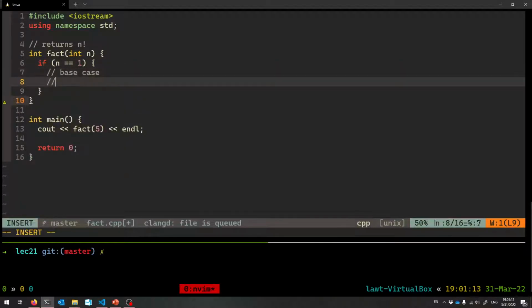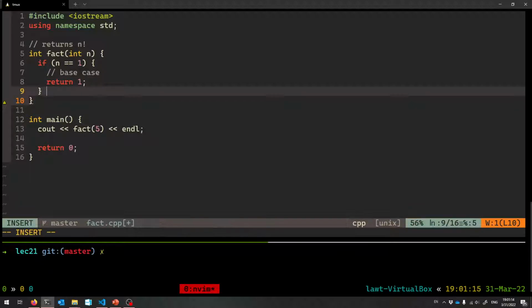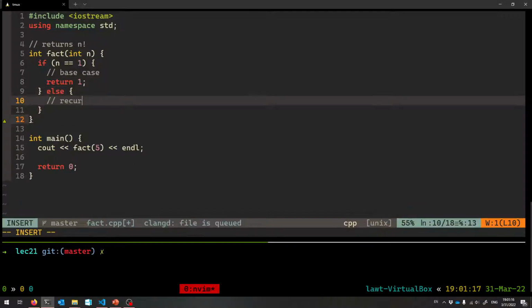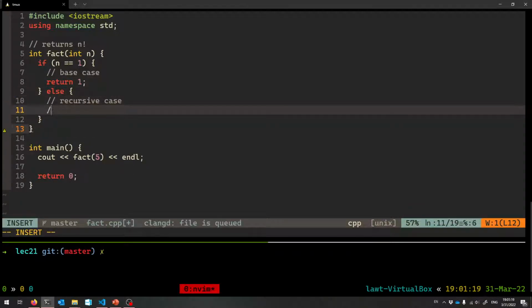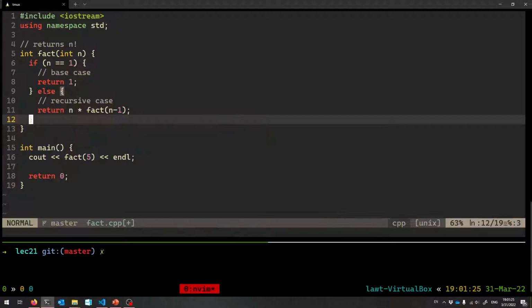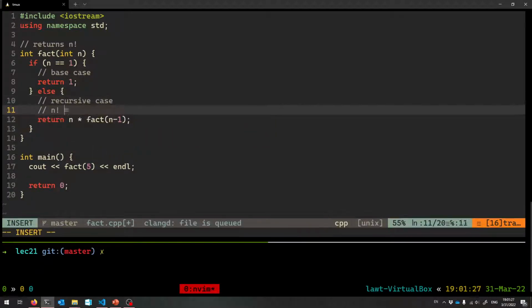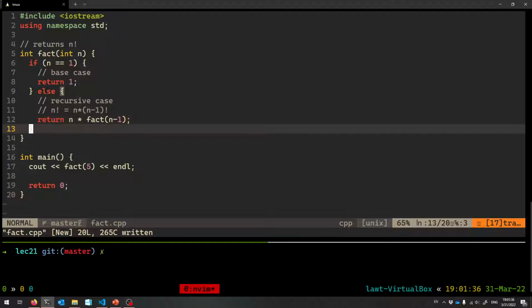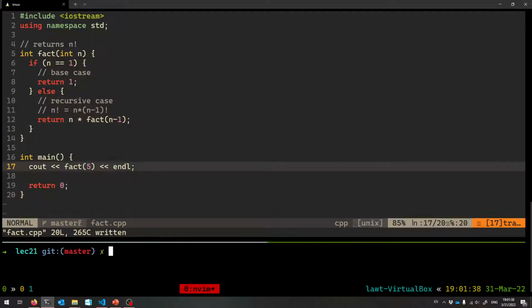The answer to 1 factorial is 1 itself. Otherwise, we're in the recursive case. The factorial of any number n is n times n minus 1 factorial. See that? I'm just translating it straight to code, those rules that we came up with. And surprisingly, this is going to work.